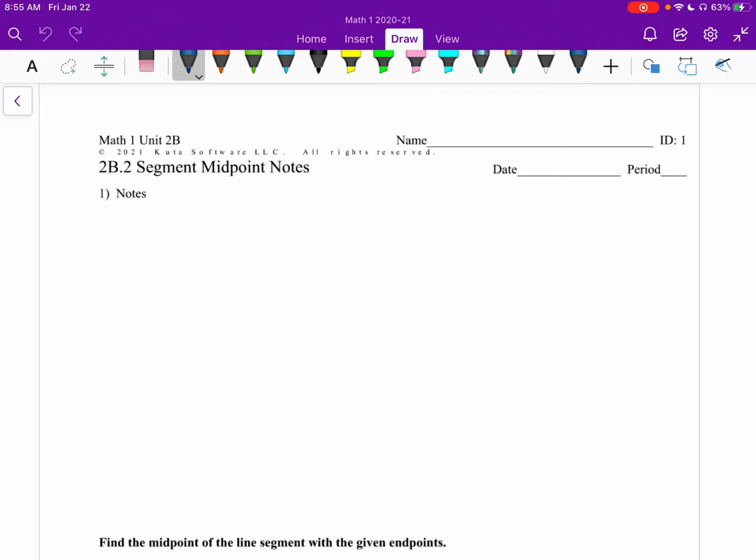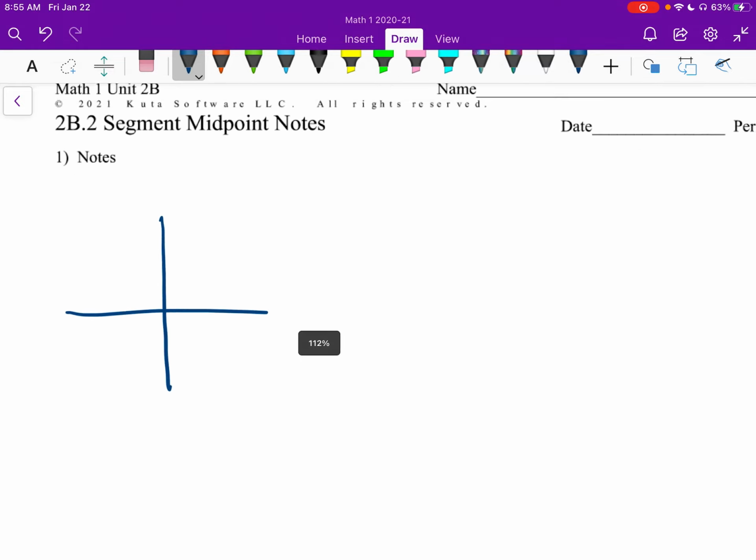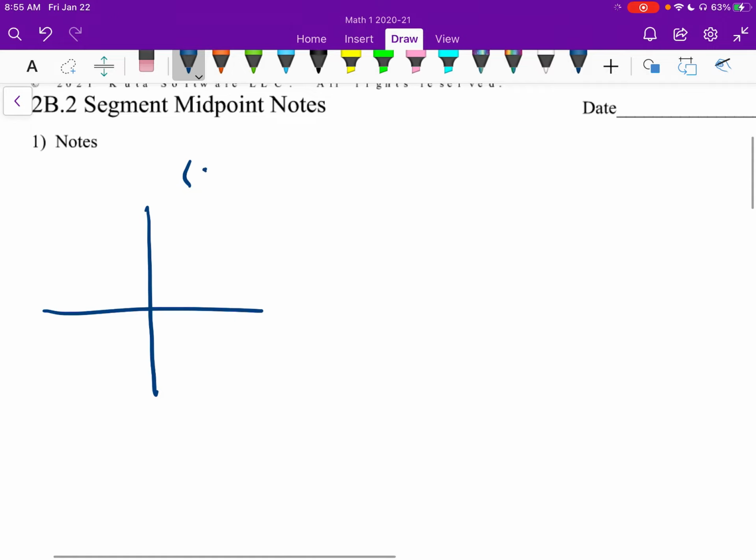Okay, 2B.2 segment midpoints. Here we're going to be finding the midpoint of a segment. If we think of a segment as a cutoff line, so if we were to graph it, let's put its points at 3, 4, and -1, 0.